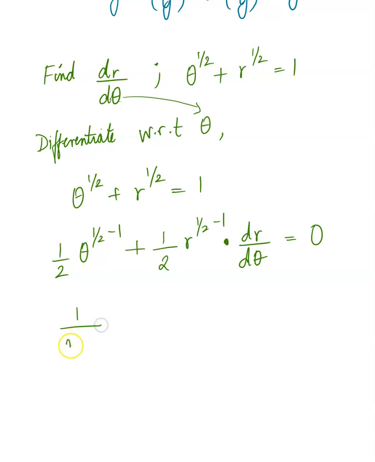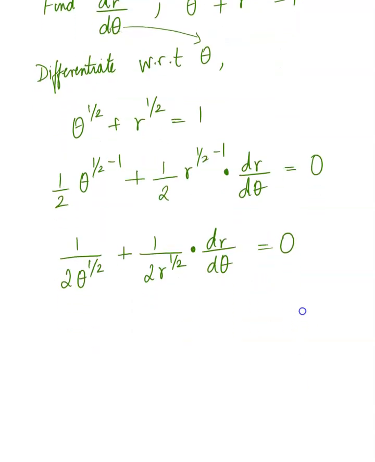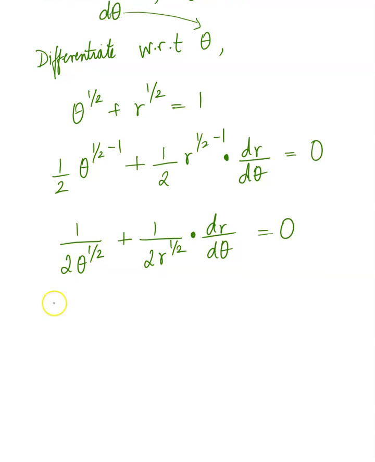So by now, you should be familiar with the fact that I'm going to move it to the denominator. R power half. So move it to the denominator so that the power is positive. Now I have to get dr over d theta by itself. So I subtract 1 over 2 theta power half on both sides.